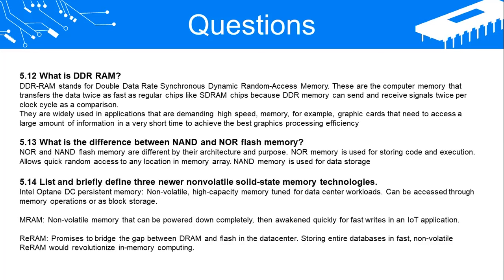MRAM is non-volatile memory that can be powered down completely and then awakened quickly for fast writes in an IoT application. And ReRAM is promised to bridge the gap between DRAM and flash in the data center. Storing an entire database in fast, non-volatile RAM would revolutionize in-memory computing.